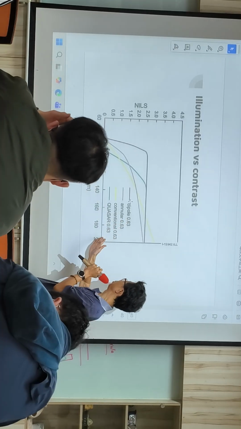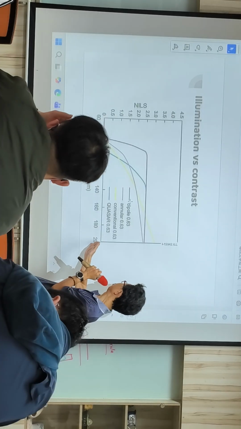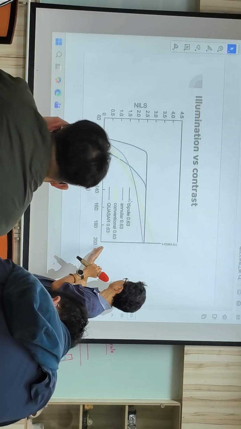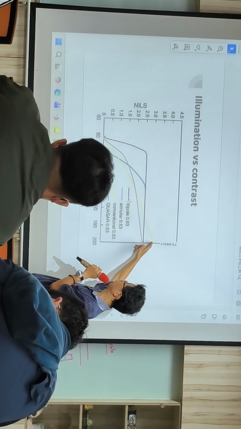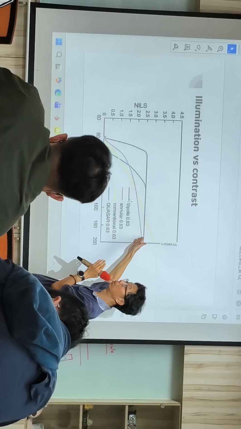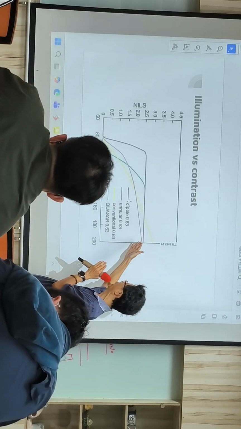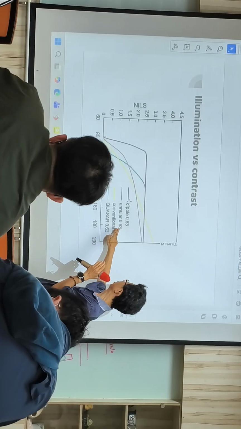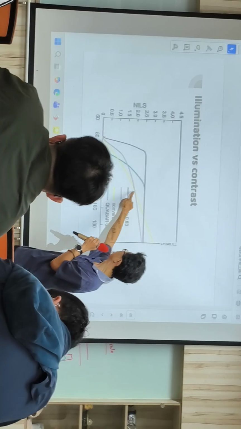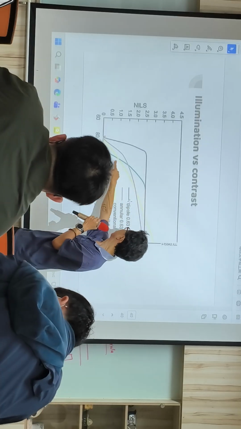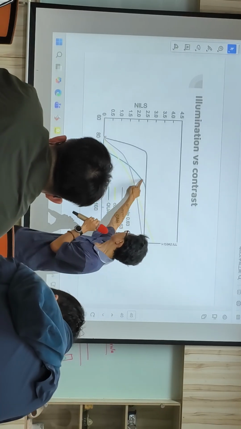As you see, when the resolution is low, meaning the CD is large, then conventional, actually the NILS is even higher than dipole. And at the end, you will see that annular is this one, quasar is this one, dipole is this one.